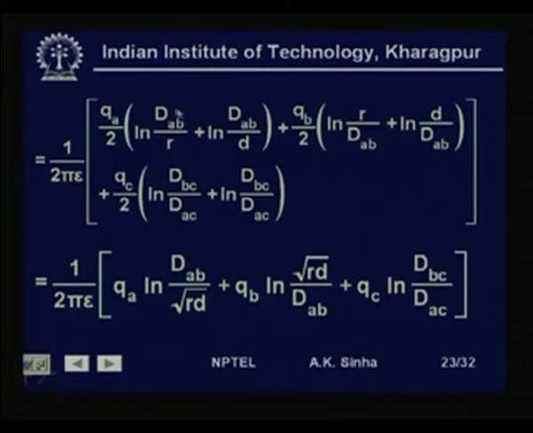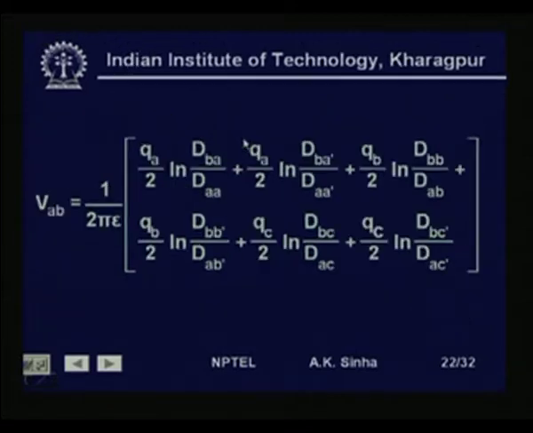After substituting the values, this will be given by q_A by 2 ln of d_AB by r, that is d_AA, plus ln of d_AB by D, which is the distance d_AA'. Here we are saying that d_BA and d_BA' are almost the same, because the distance between the two phase conductors is much larger compared to the distance between two subconductors of a bundle.